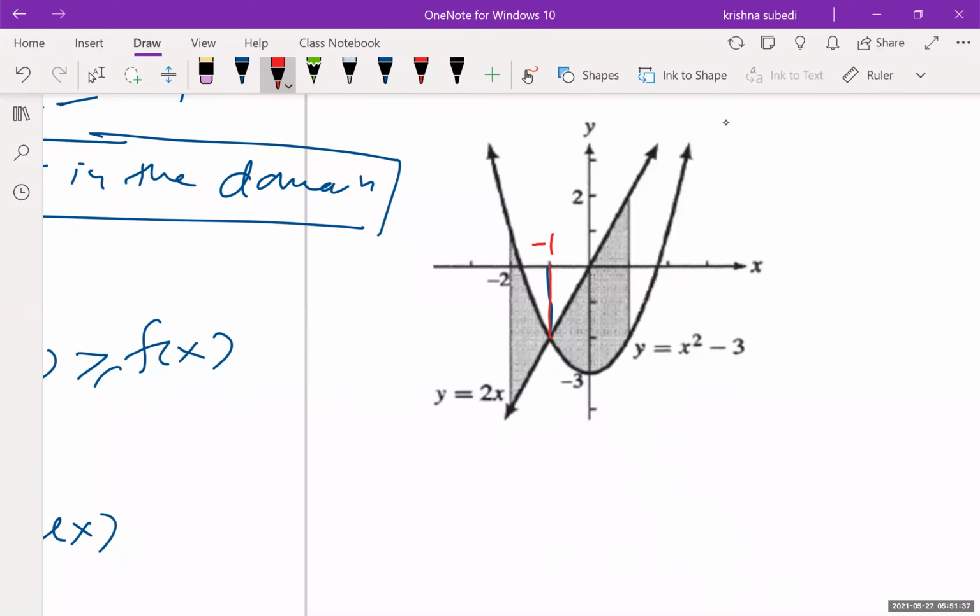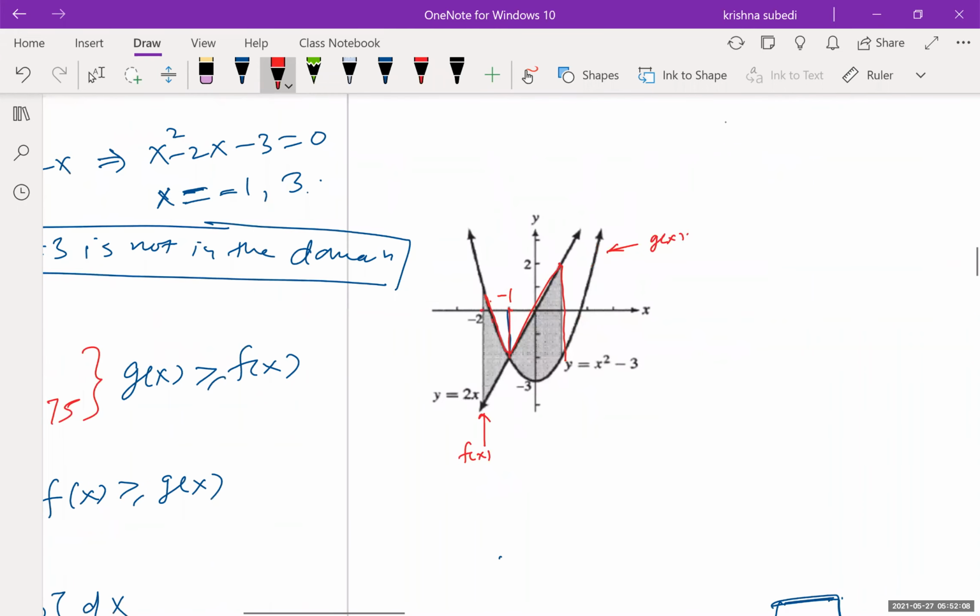We notice that this is our f function, and this is our g function, and from -2 to -1, g is bigger. And from -1 to here we notice that f is bigger. And that makes sense.